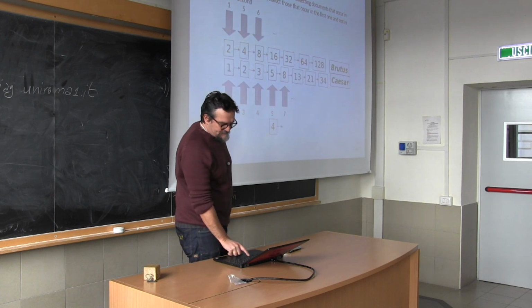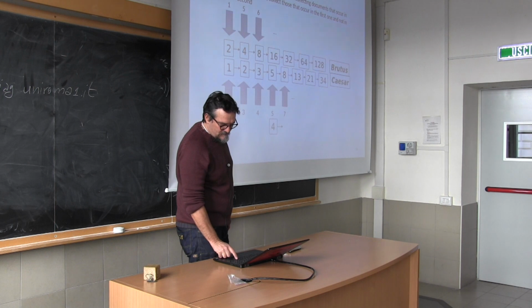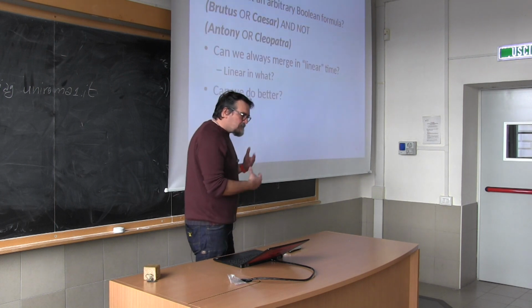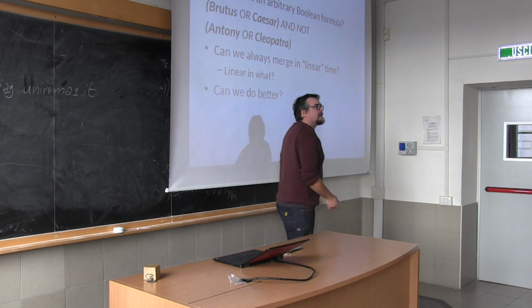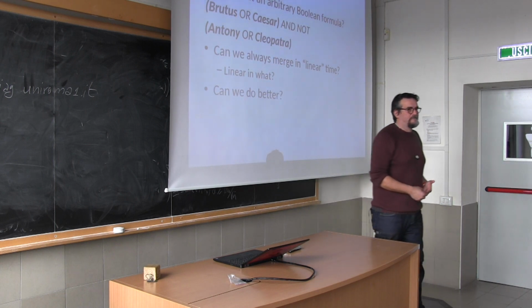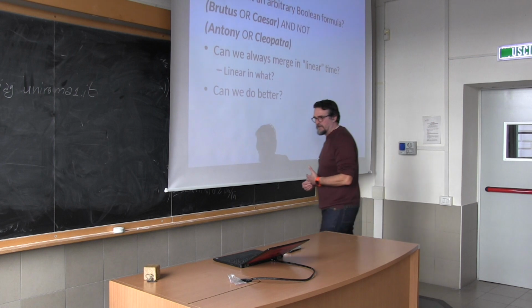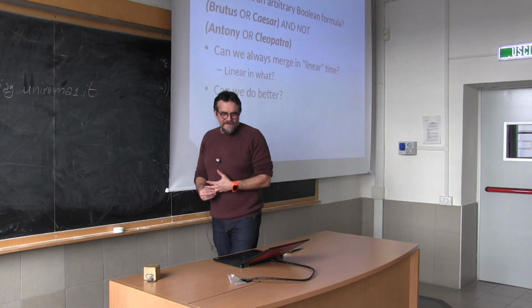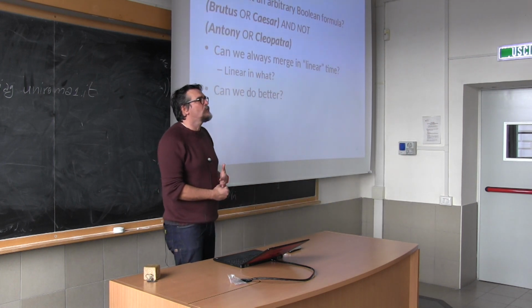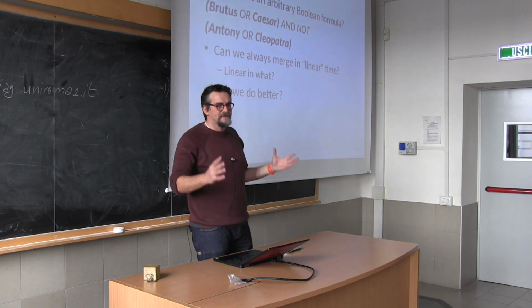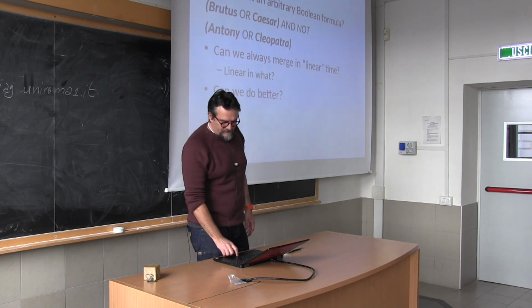Okay, so the question is, we can do it in linear time. We saw it. Can we do better? In some cases, can we do better? This is the main question we want to answer, and this leads to what is the query optimization task.